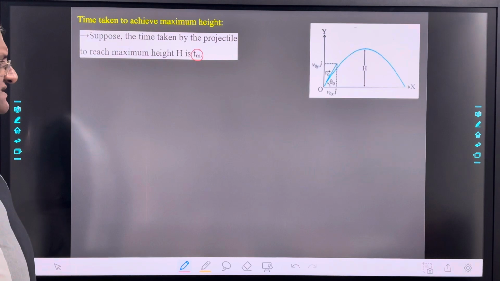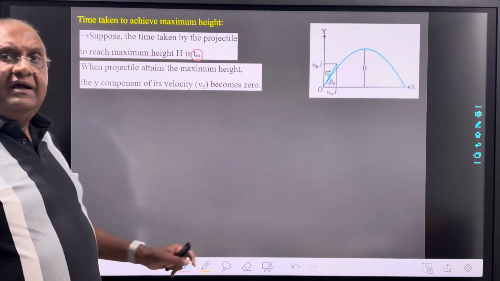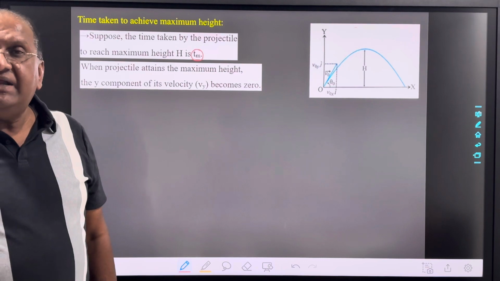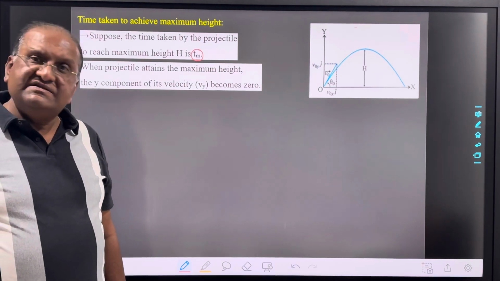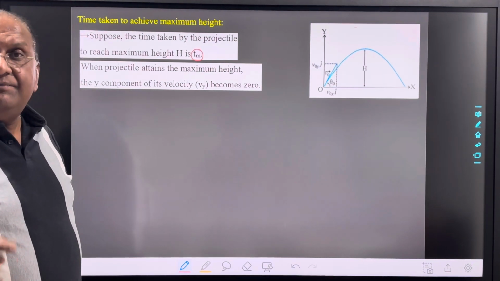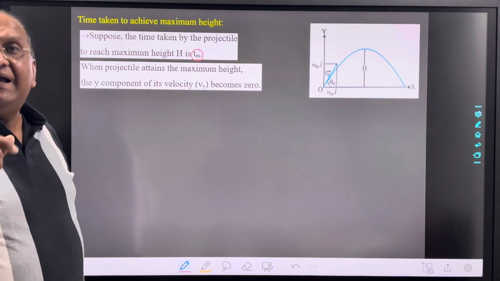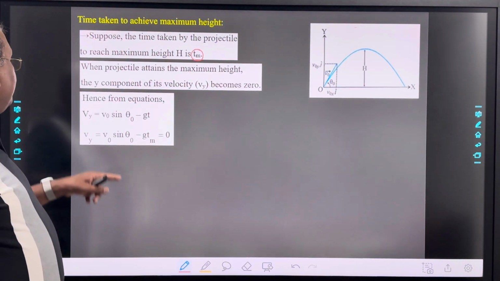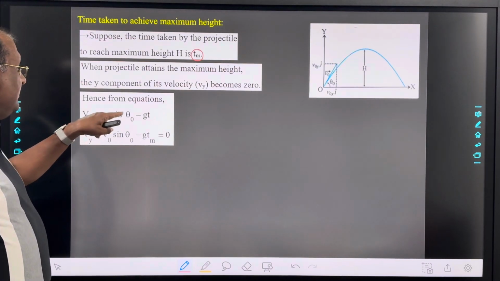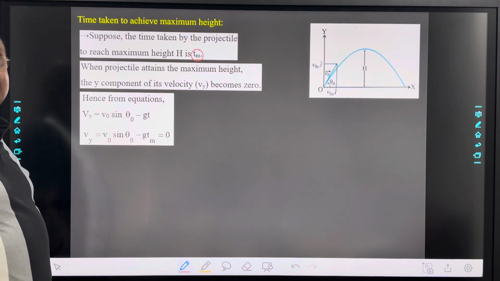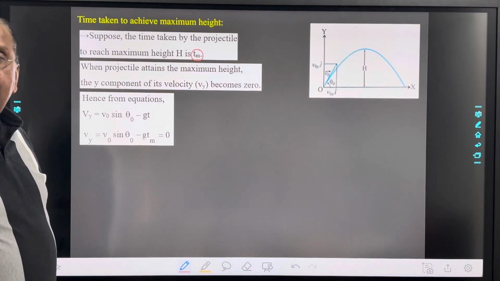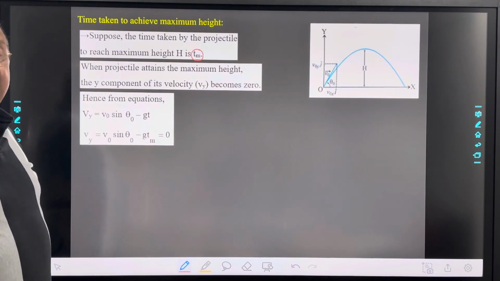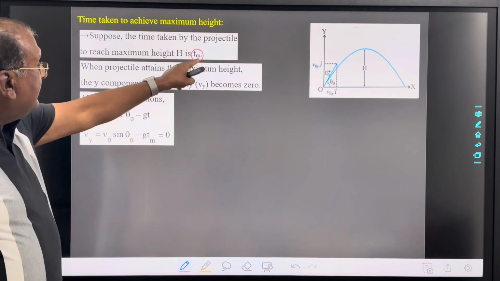Now at maximum height, as we discussed, vertical velocity becomes zero. Vertical velocity means Vy becomes zero, and we already derived the equation for Vy, that is V0 sin theta0 minus gt. Now, at maximum height, at which time is it attained? Tm.